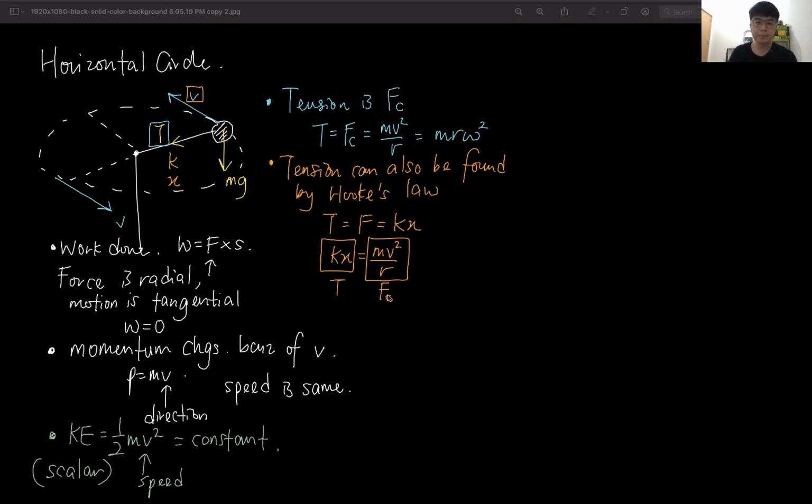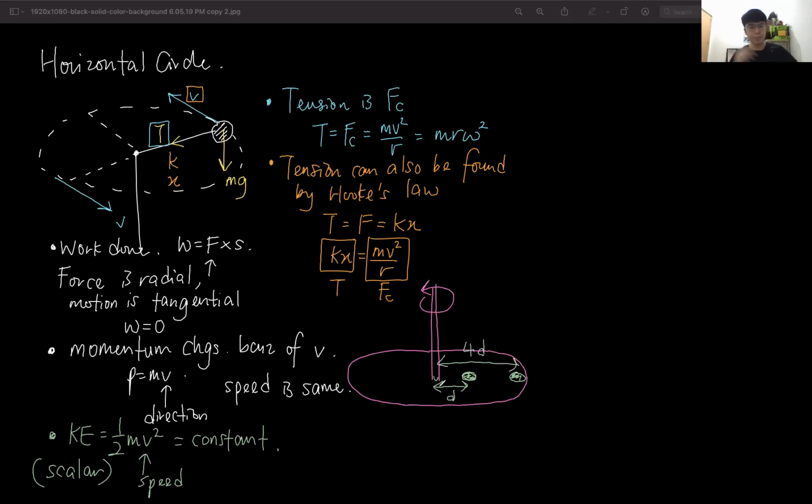Example: I have a rotating disc where I put two objects with the same mass. One, I put at a distance d from the axis. Another one, I put at the edge, which is 4 times the distance, 4 times the radius.